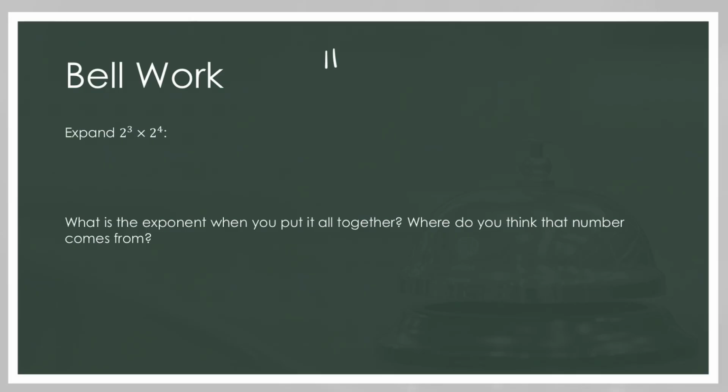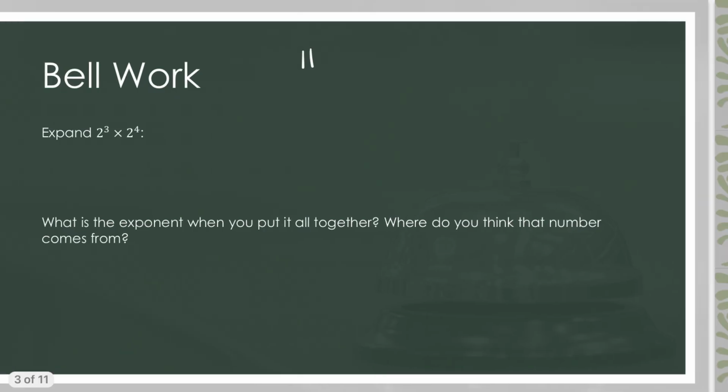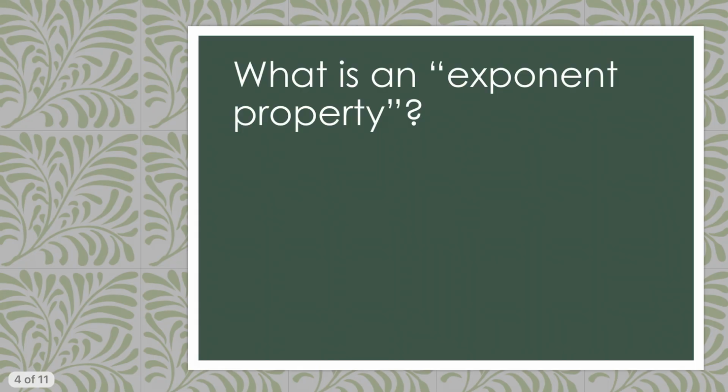So I'm going to answer this a little bit later, but we're going to be able to see different properties that occur because exponents are built off of multiplication. So let's first talk about what is an exponent property.